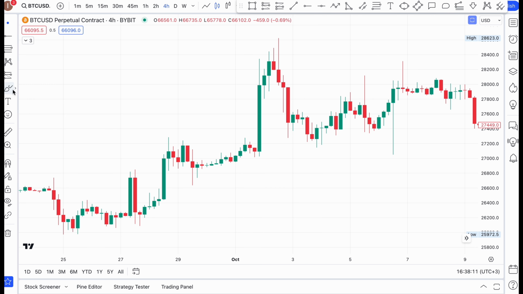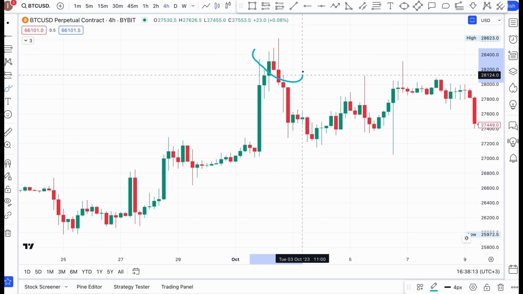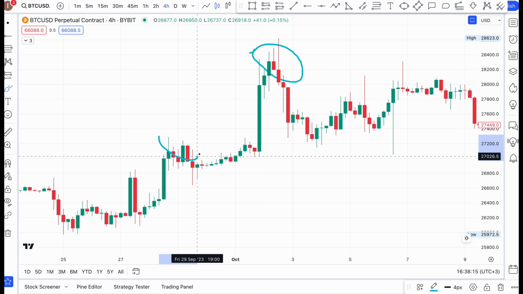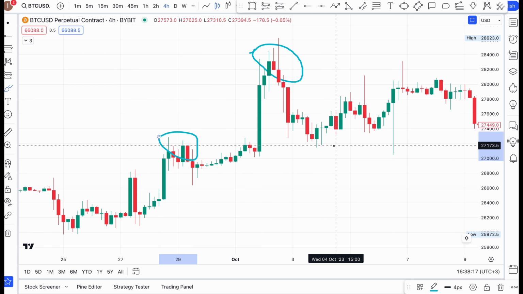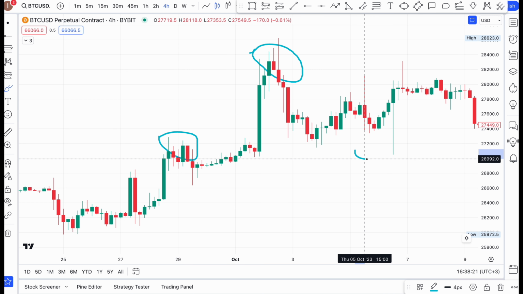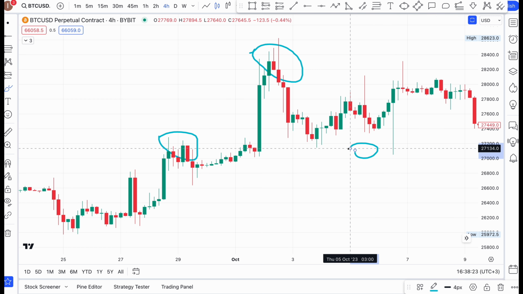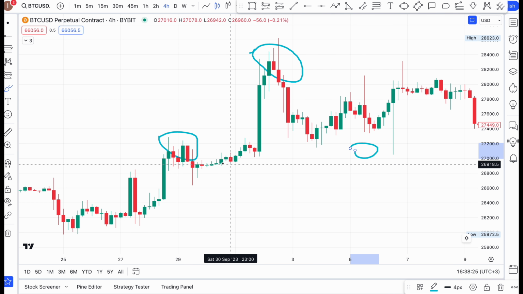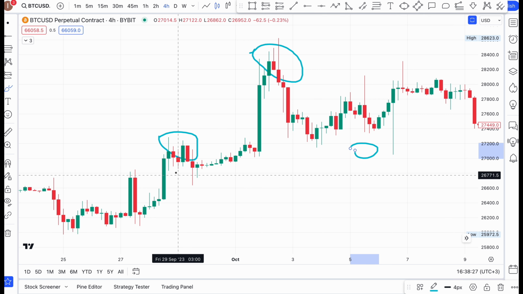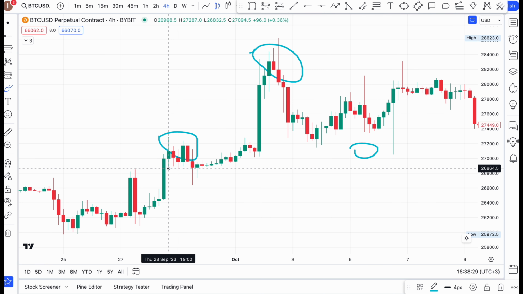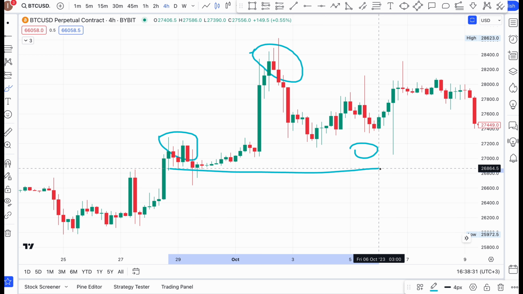Here we can call it the head, and here we can call it the left shoulder. So the right shoulder was supposed to happen just around this side, right? But it never happened. Here would have been our neckline. This side would have been our neckline, right?